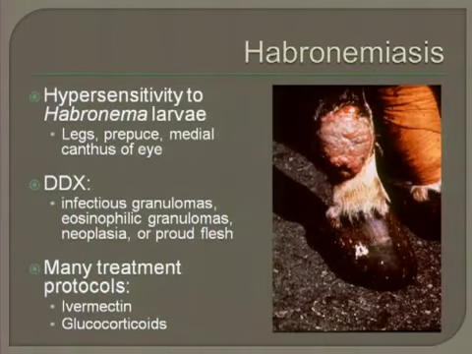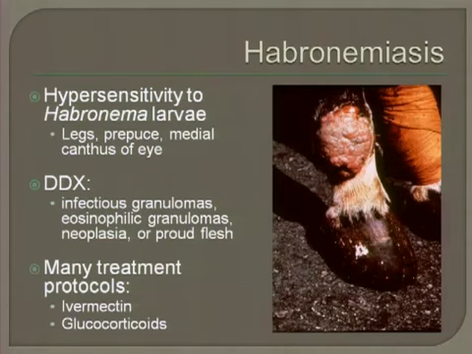So move on to habronemiasis. So Habronema larvae induce this hypersensitivity reaction in the horse. And it's the hypersensitivity reaction that leads to these inflamed granulomatous lesions. Typically, you're going to see lesions on the legs, the prepuce, and the medial canthus of the eye.